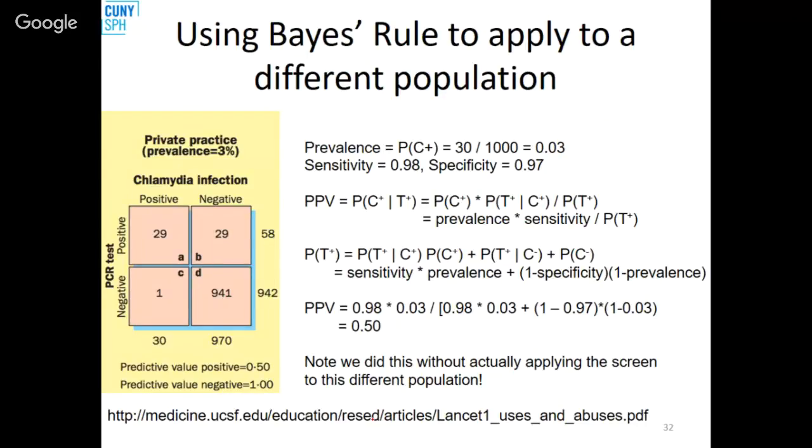It's really a misuse of positive predictive value and negative predictive value, because in a case control study, you can have 50% disease prevalence. You're never going to apply it to a population with that same prevalence of the disease. So it's really pointless and misleading to calculate the positive predictive value in that case control study.